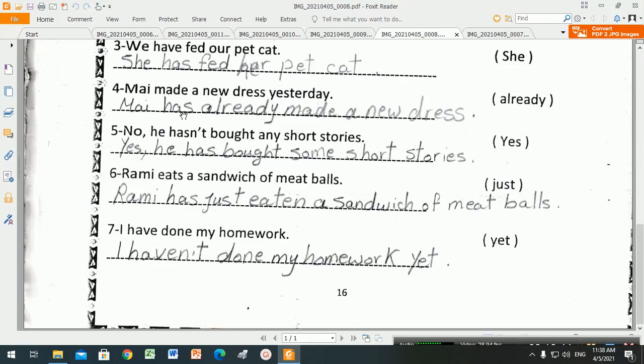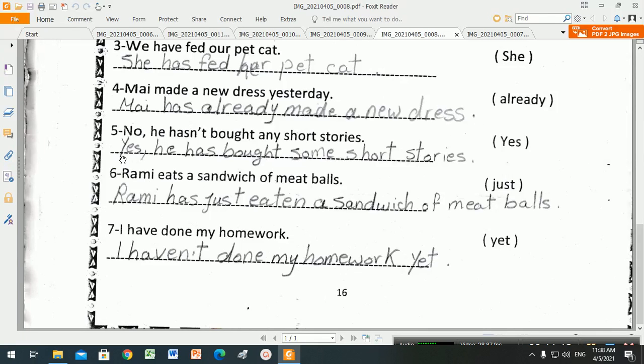Because in present perfect we must use has or have, and then put already after has. So the sentence will be: May has already made a new dress. Of course, we should not write yesterday. We remove yesterday and put a full stop after dress.